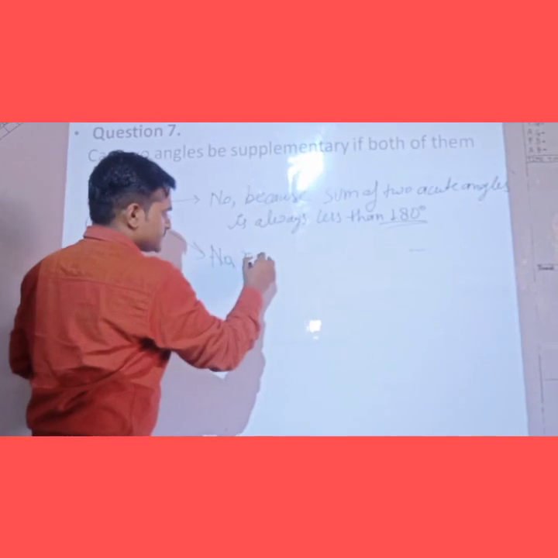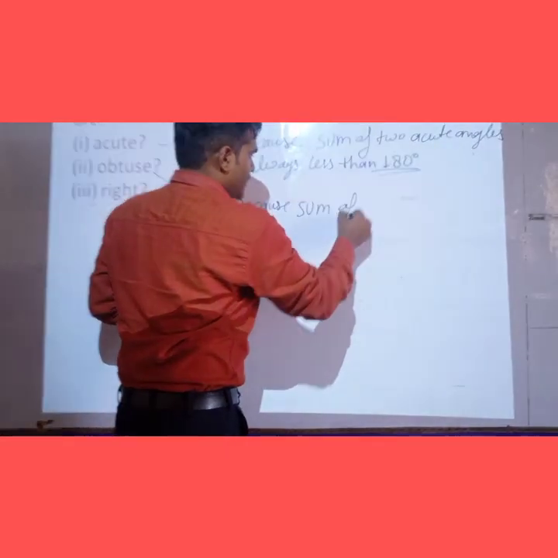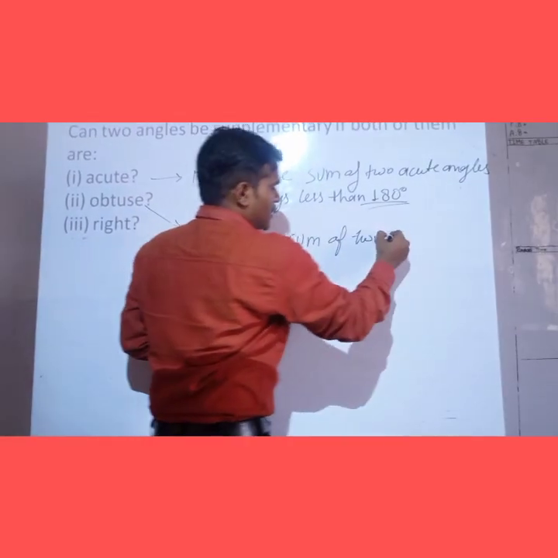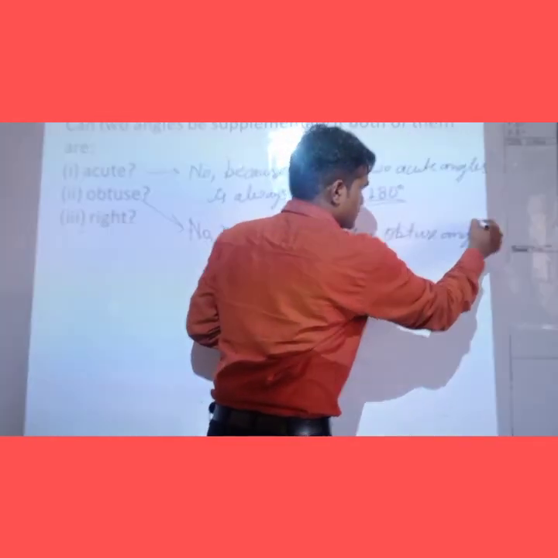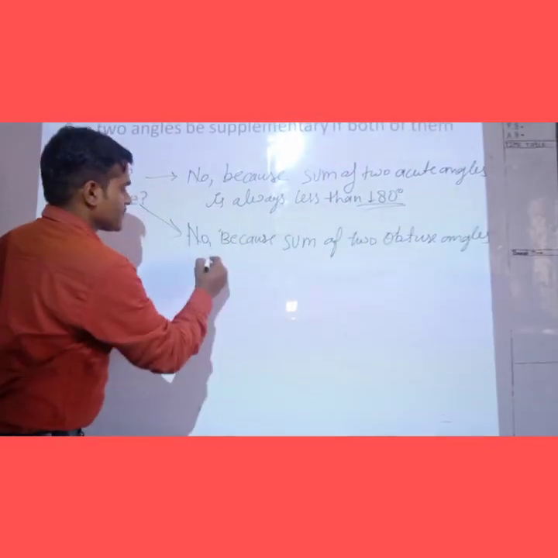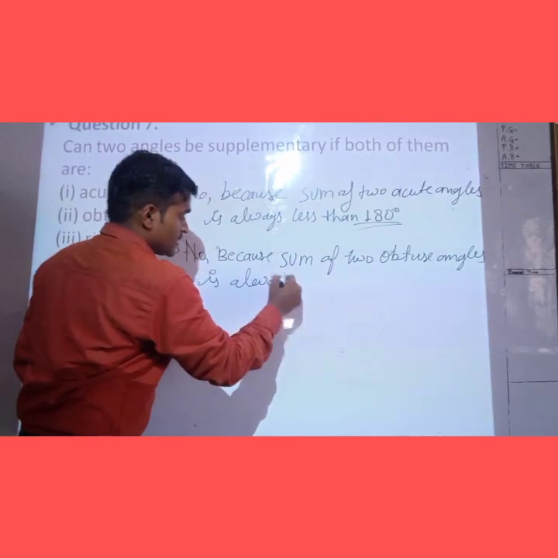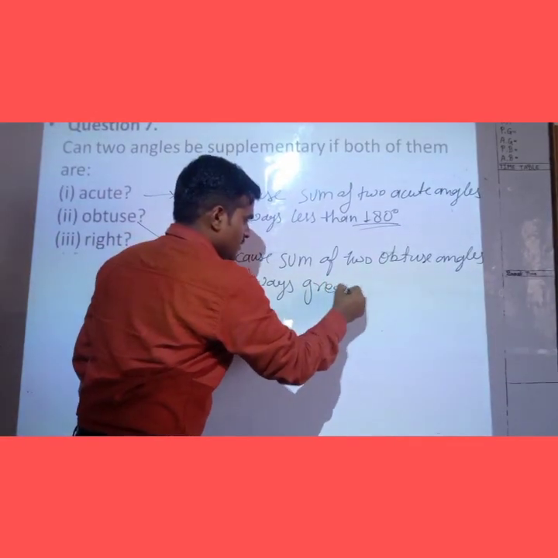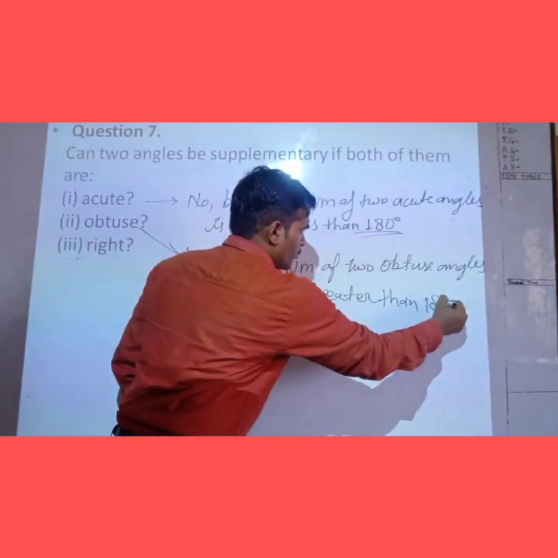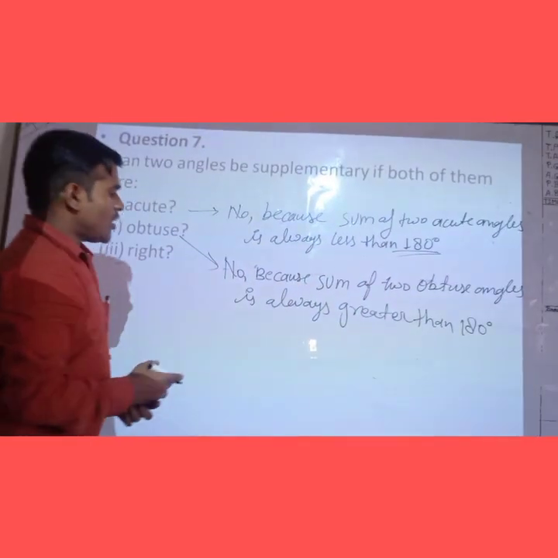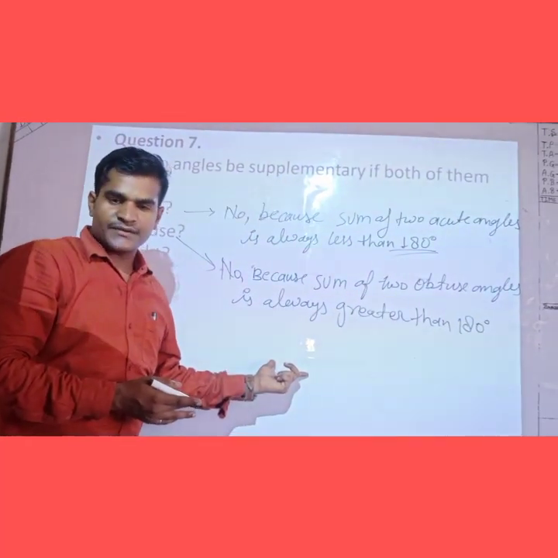Because the sum of two obtuse angles is always greater than 180 degrees. That's why two obtuse angles can never be supplementary.